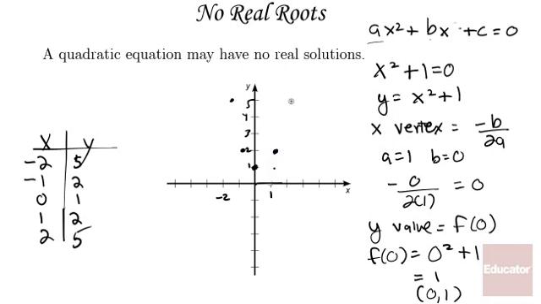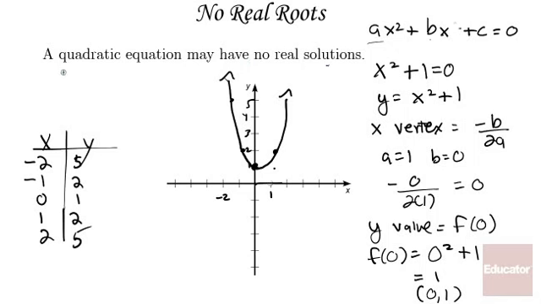When x is 2, y is 5. So when I graph this out, this is what I find. Again, the vertex is at (0, 1), so it's right up here. And what this shows me is that there are no real solutions for this quadratic equation.